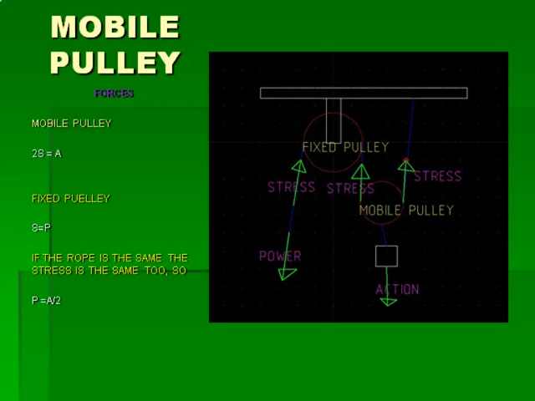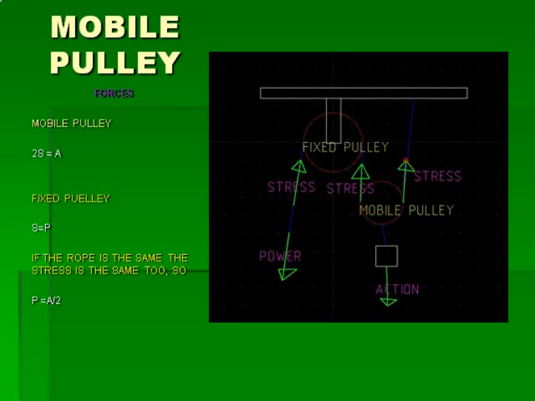In a mobile pulley, the action is the same as the stress, because it is held by two ropes. I mean, there are not two ropes, it's the same rope, but there are two pieces of this rope.